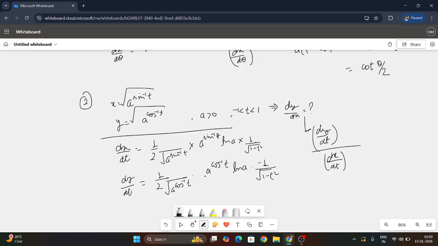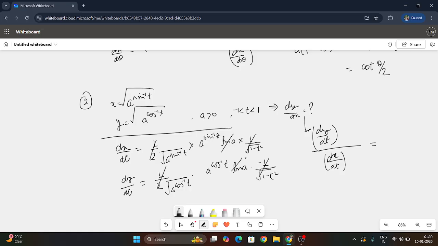You can do one thing: 1 by 2 and 1 by 2 get cancelled, log a and log a get cancelled, and the root terms get cancelled, leaving the minus sign.